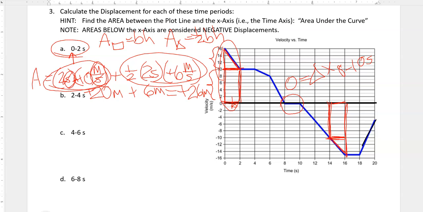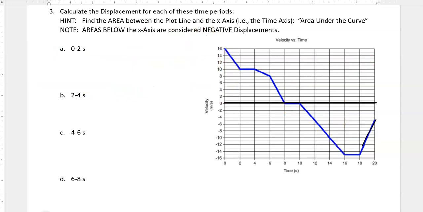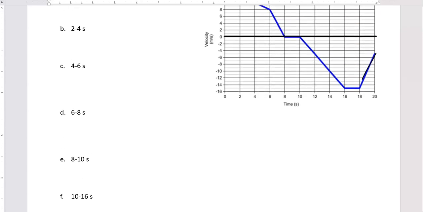We can pick one of the others that are listed here. If I scroll down, we're going to lose our writing. But if we pick one of these later periods of time, say the last period of time, which is the 18 to 22nd period.